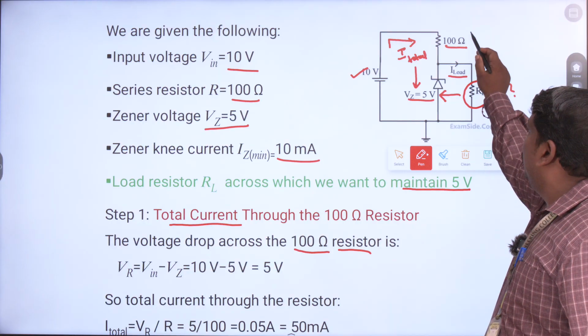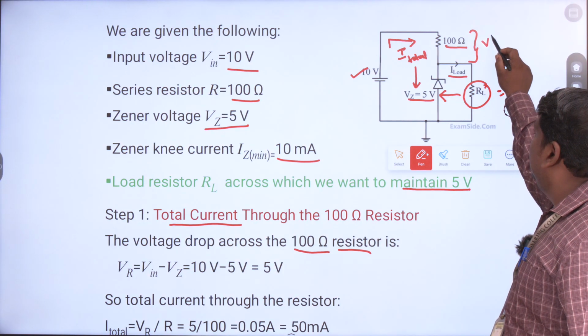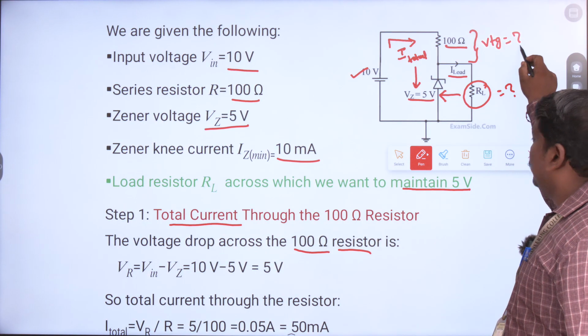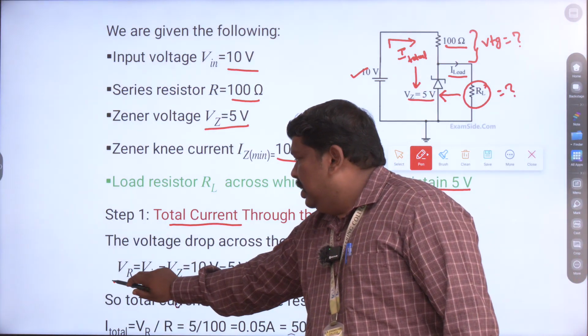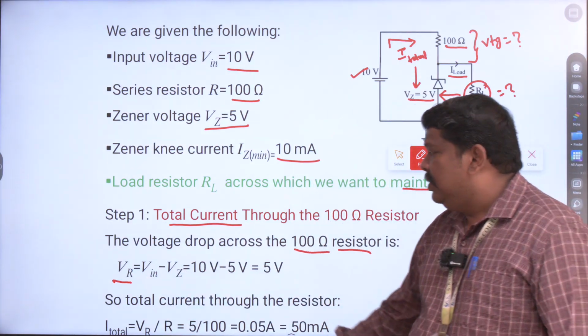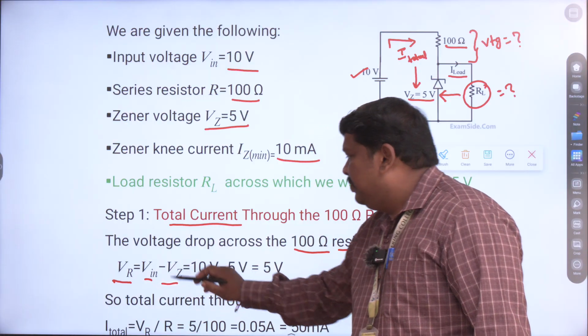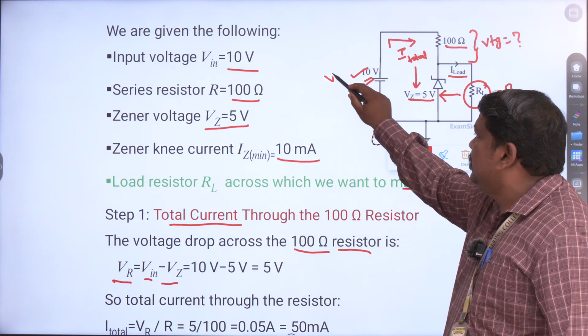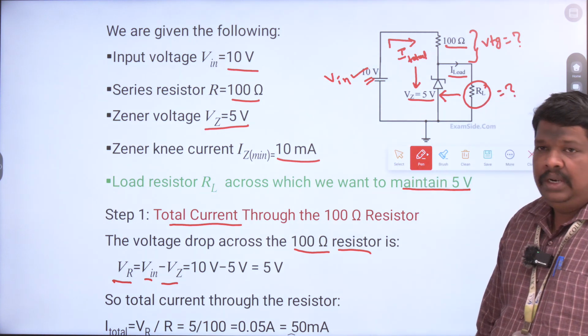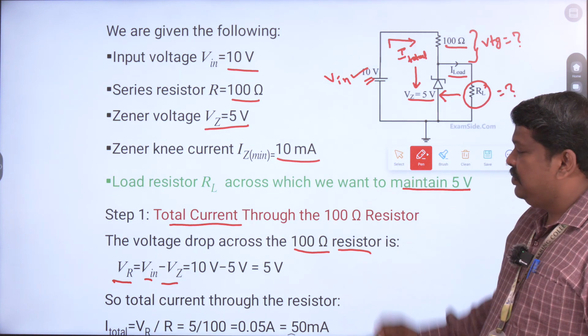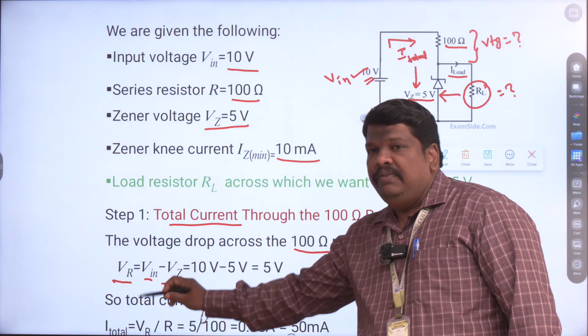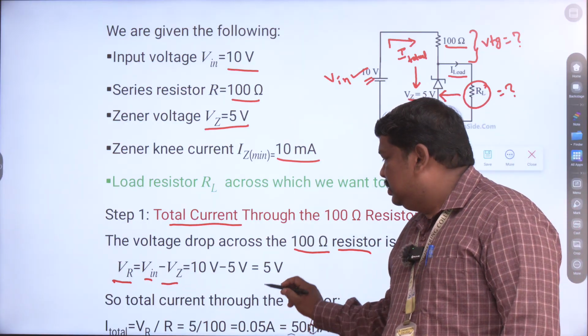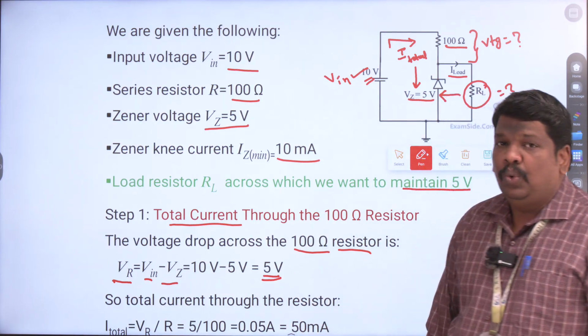The resistor voltage is equal to Vin minus VZ. We know that the total voltage Vin is 10 volts, and the Zener voltage is given as 5 volts.